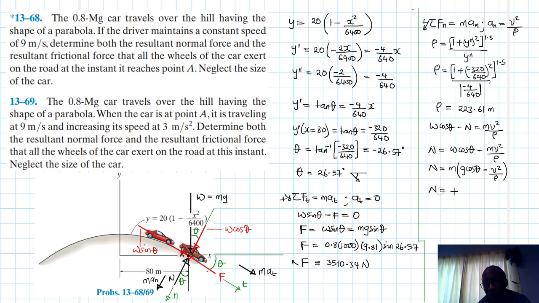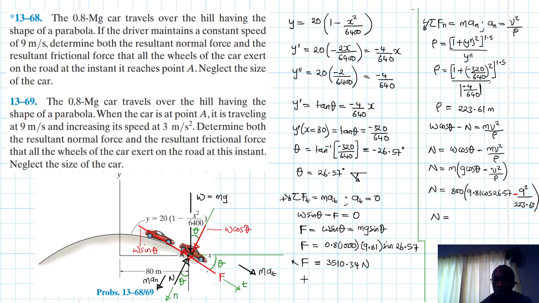Therefore, our N will be equal to 800 times, with g as 9.81, cos 26.57, and then sorry, there is a minus here, minus 9 squared divided by 223.61.